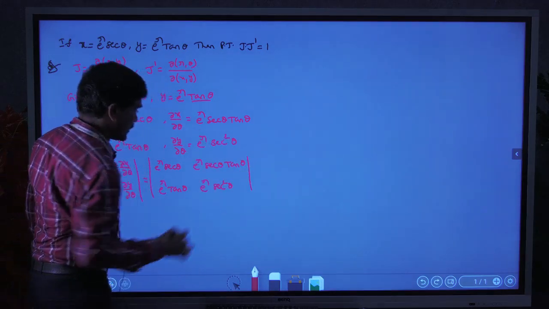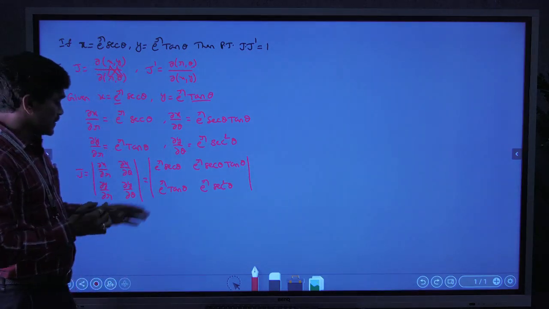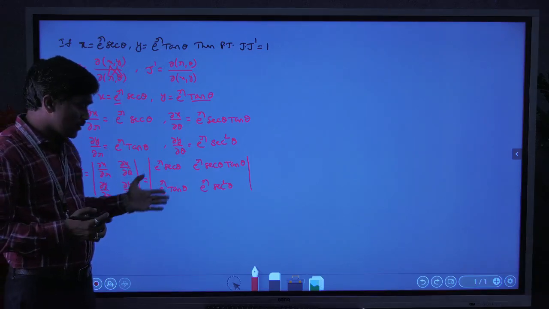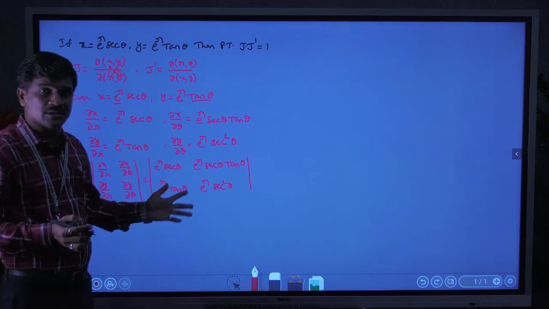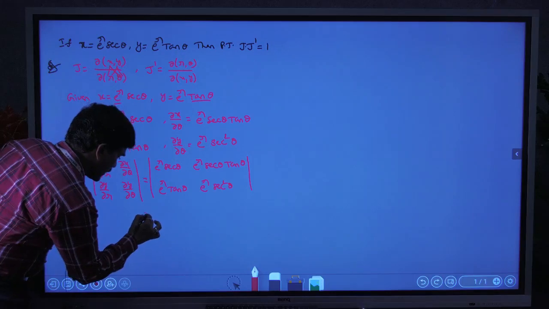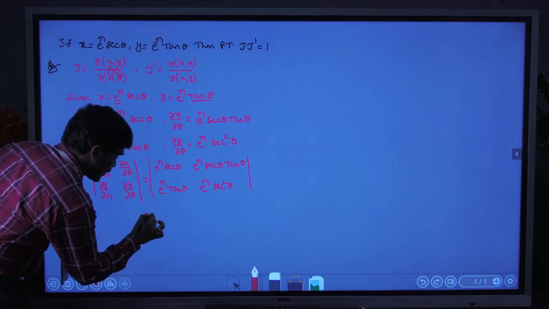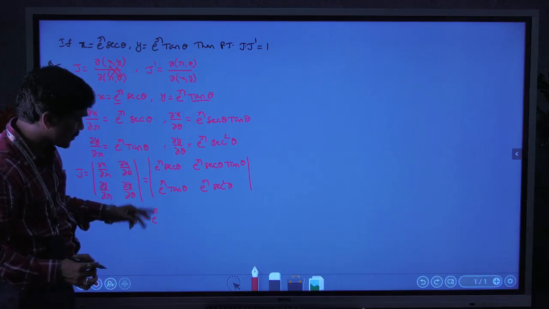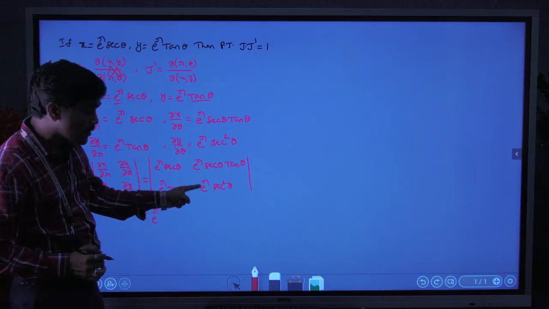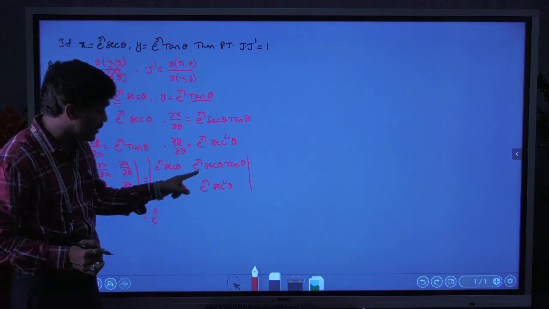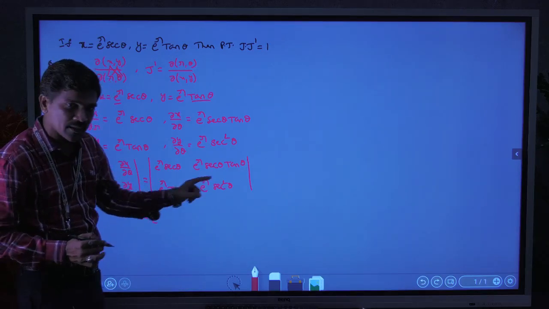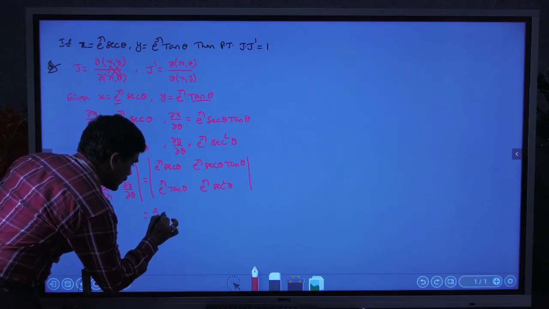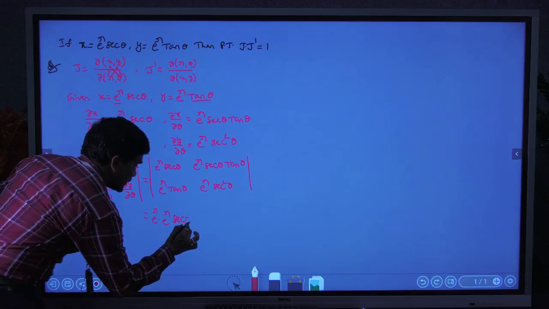So to find the determinant, first of all in a row or column, e^r is the common term. Now write in the first row e^r common, and in the first column e^r is common. In the second column, what is the common value? e^r sec θ is common, right? So e^r sec θ.